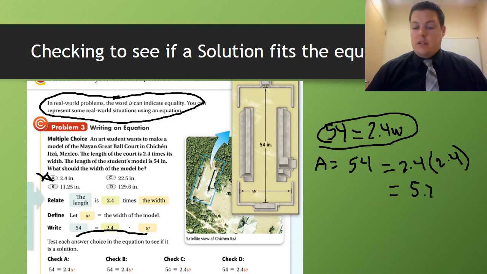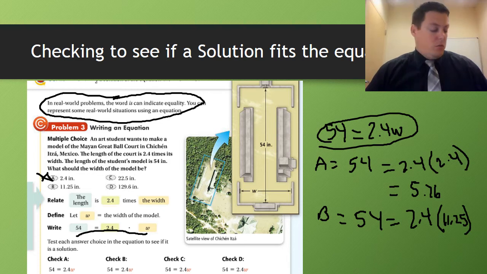So that's not even close. For B, it wants us to plug in 11.25. Well, that should probably get us a little closer because it's much bigger than 2.4. And 2.4 times 11.25 gives us 27. So that's still not going to help us out.